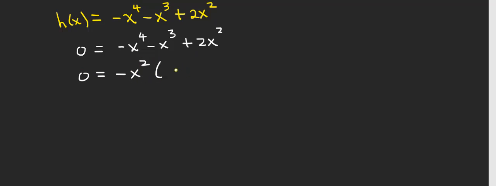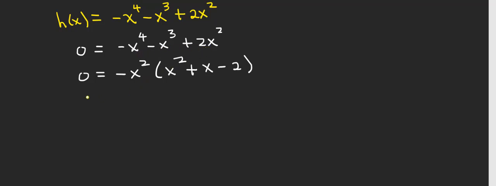So take out negative x squared, you end up getting x squared plus x minus 2. Make sure you distribute.